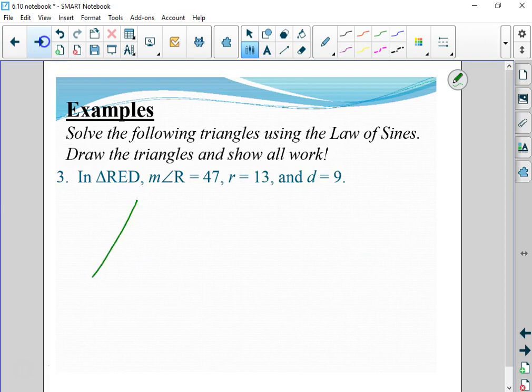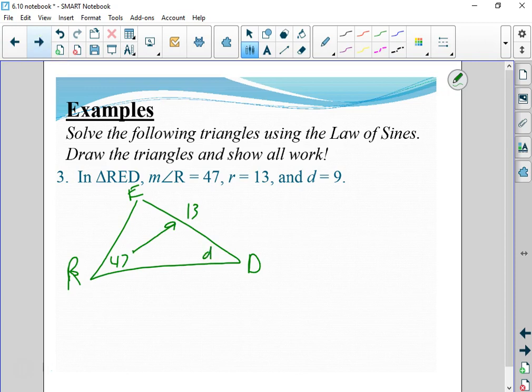Okay, here we go. Again, draw your triangle. R, E, D. Angle R is 47 degrees. Side r, which is over here, is 13. Side d is right here. We're missing the angle here.